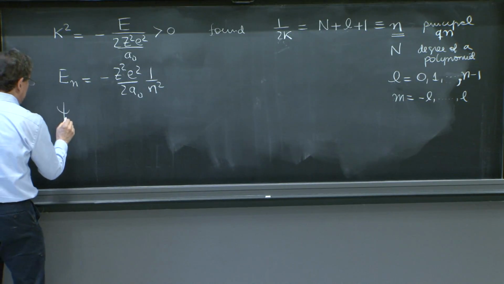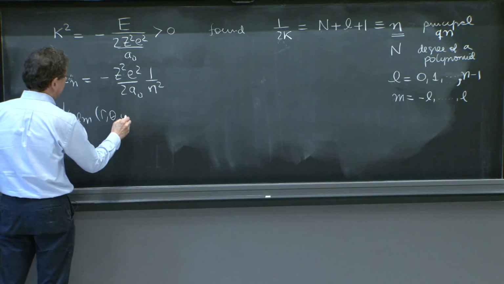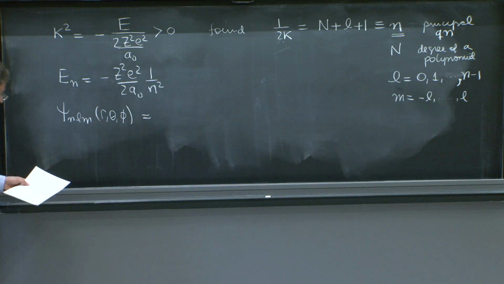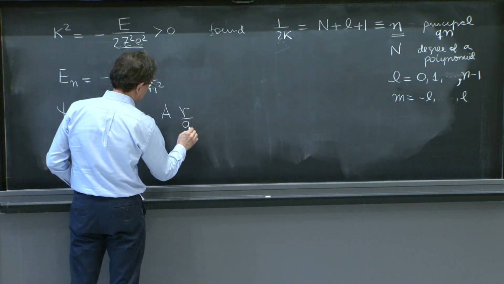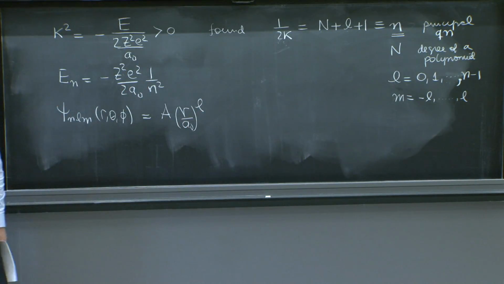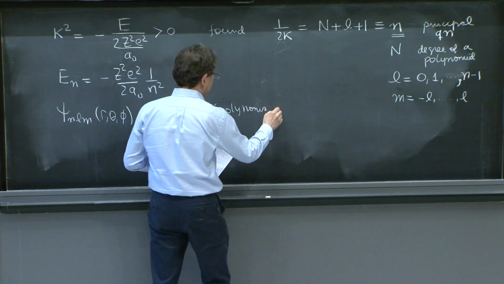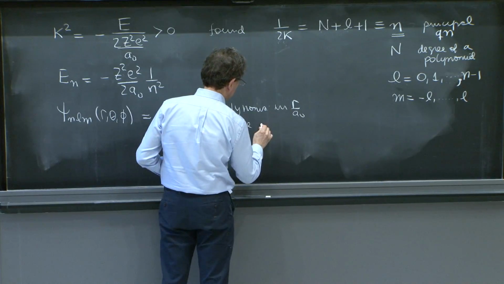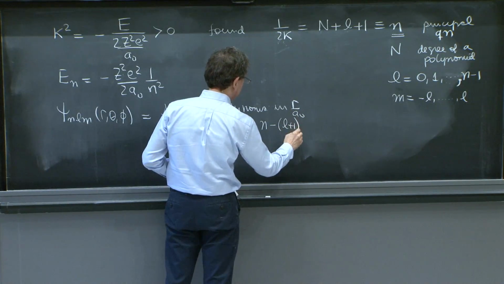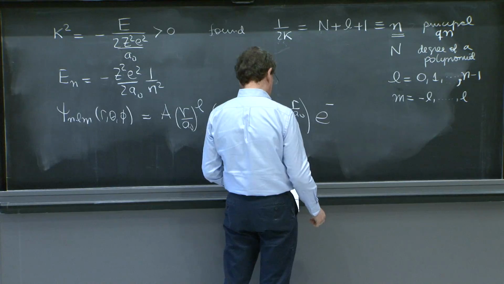And the solutions psi n l m that depend on r, theta, and phi were of the form of a normalization constant, and r to the L, which is the behavior for small r, then a polynomial in r over a0 of degree capital N, which is n minus L plus 1, times an exponential decay with radius.